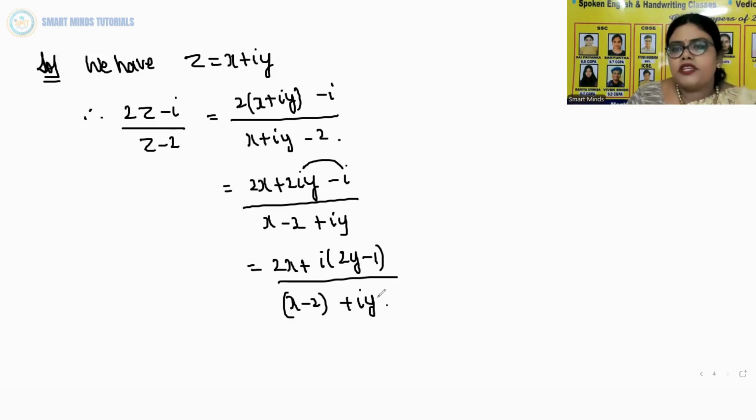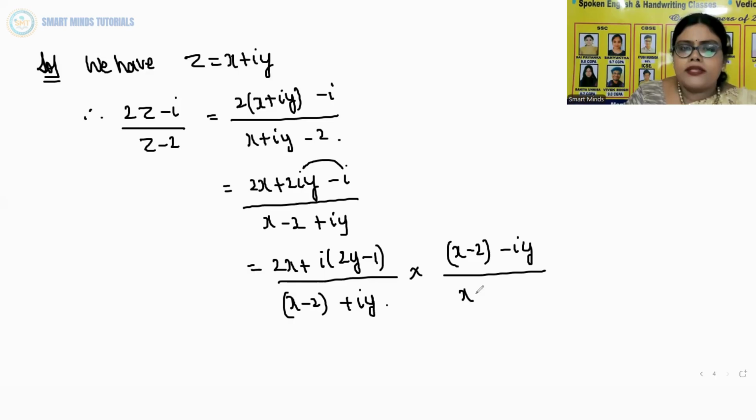Now we will rationalize the denominator. So in the denominator, if you have plus, multiply and divide with minus. So multiplying with x minus 2 minus iy by x minus 2 minus iy. Now if we multiply both the terms, you will get 2x into, see first 2x we are multiplying with both the terms.